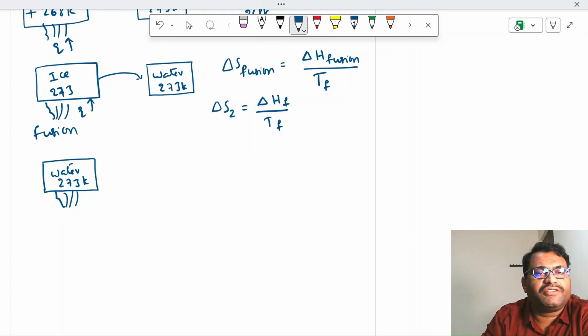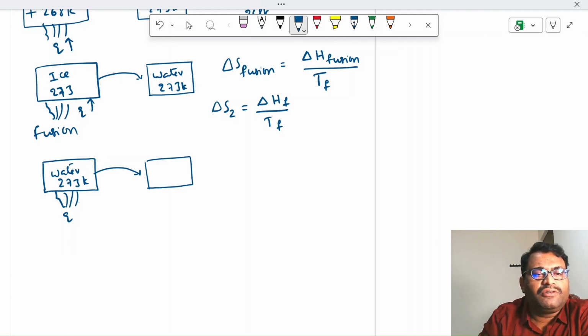When you heat it, the water remains liquid, and whatever heat energy you are supplying is used to raise the temperature of water from 273 Kelvin to 373 Kelvin. Up to 373 Kelvin, this water remains in the liquid state.